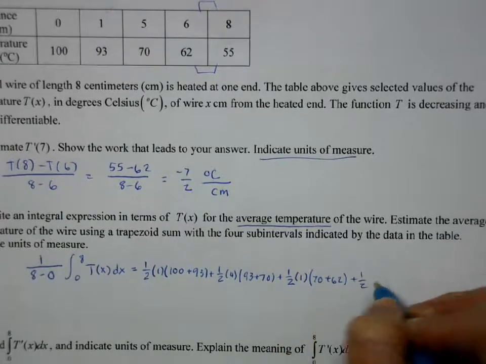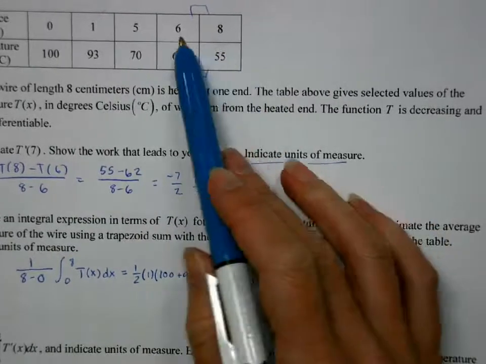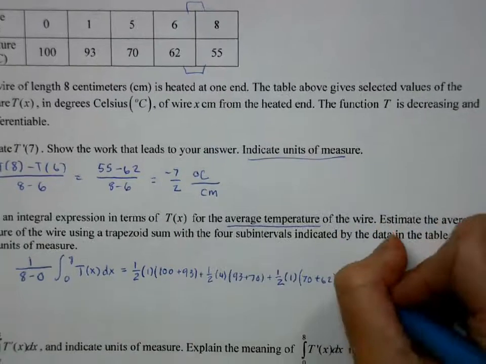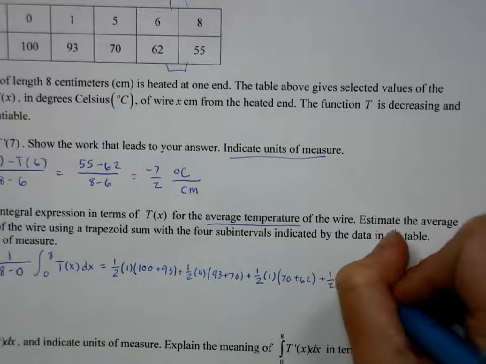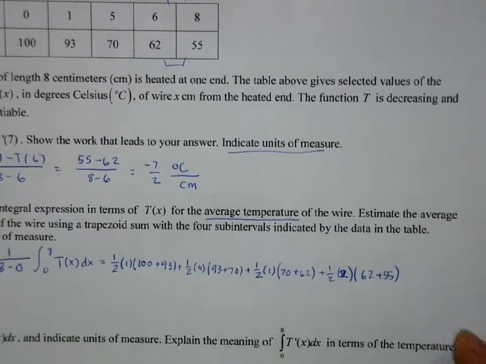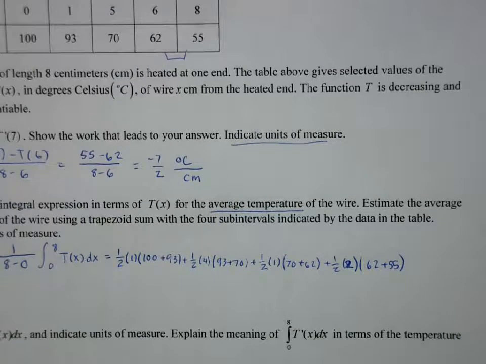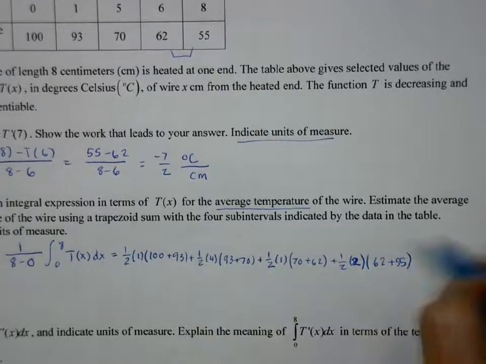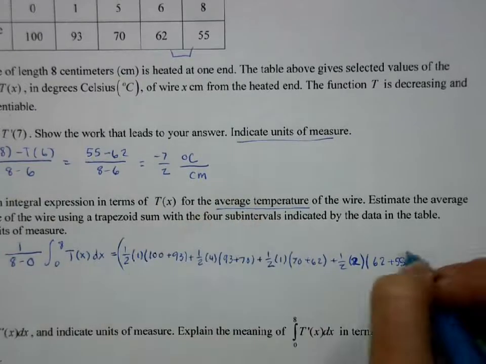Okay, and then the last one is 2, 62 plus 55. Again, we're going to leave it just like that. But you know what I did forget? The 1/8. Don't forget the 1/8.